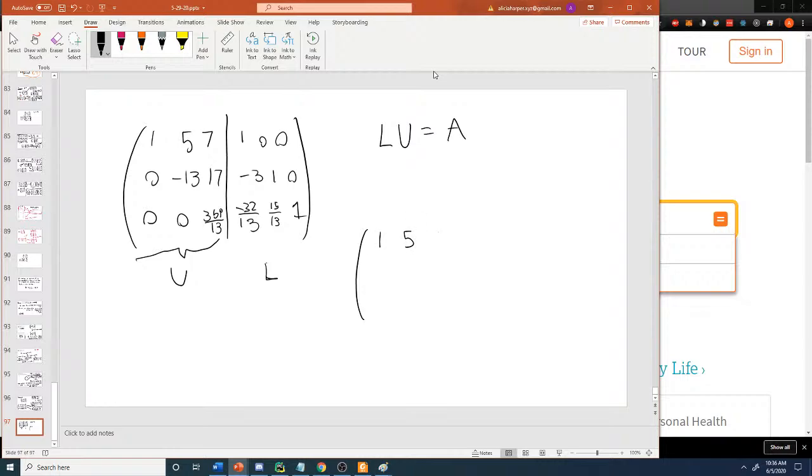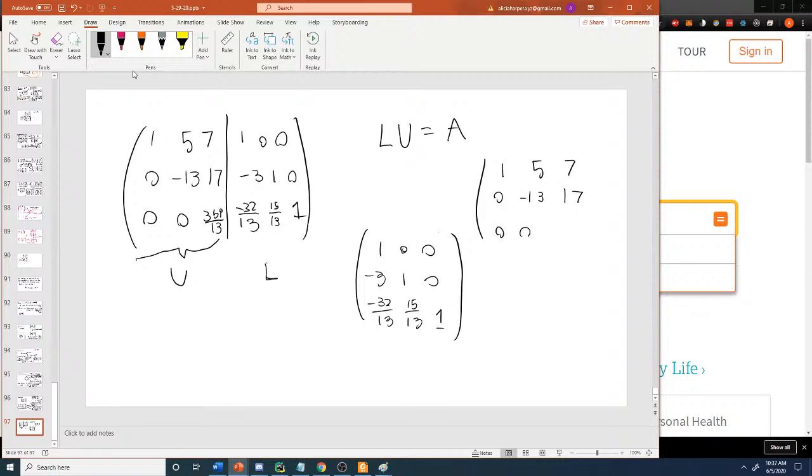I don't want to do it all because it's a messy computation, but I'm going to multiply 1, 0, 0, negative 3, 1, 0, negative 32 over 13, 15 over 13, 1, with 1, 5, 7, 0, negative 13, 17, and then 0, 0, 3, 5, 9 over 13.